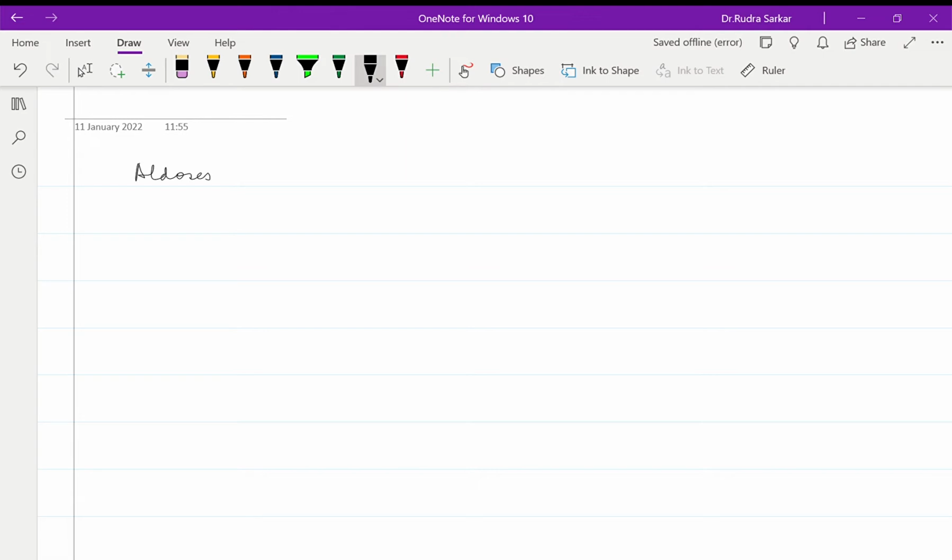aldoses. So when I have written CHO followed by a C and then followed by a CH2OH, when I write the OH group on the right hand side and the H on the left hand side, because I have written the OH group on the right hand side, it is called D. The common name is glyceraldehyde.